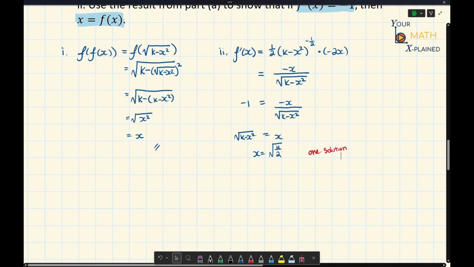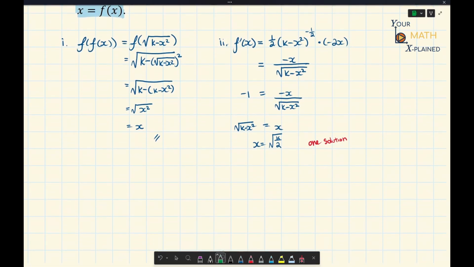Now tying this back to part A, which said that f prime of f of x multiplied by f prime of x is equal to 1. So if f prime of x is equal to -1, then that means f prime of f of x must also be equal to -1.